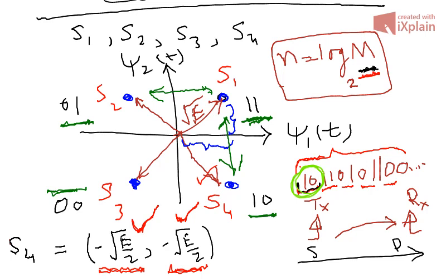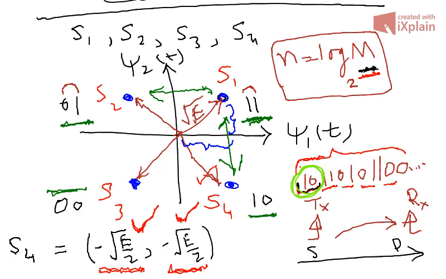We can see in this bit assignment that the adjacent symbols differ by 1 bit only. If you see S1, the first bit is 1, the second bit is 1. For S2, the first bit is 0, the second bit is 1. So the second bit is the same in S1 and S2, and they differ by 1 bit.